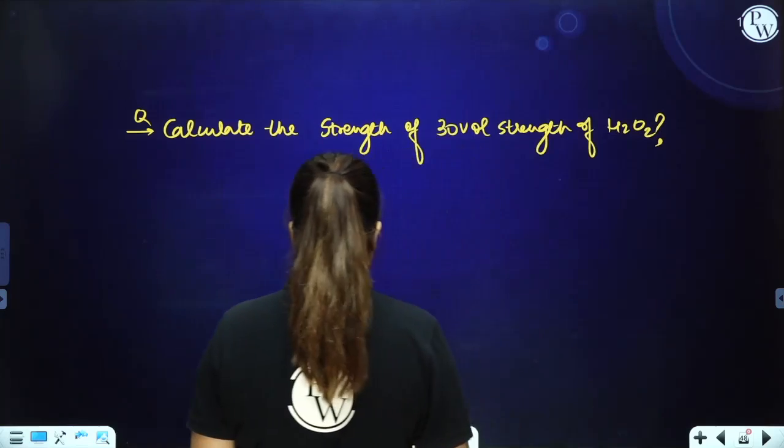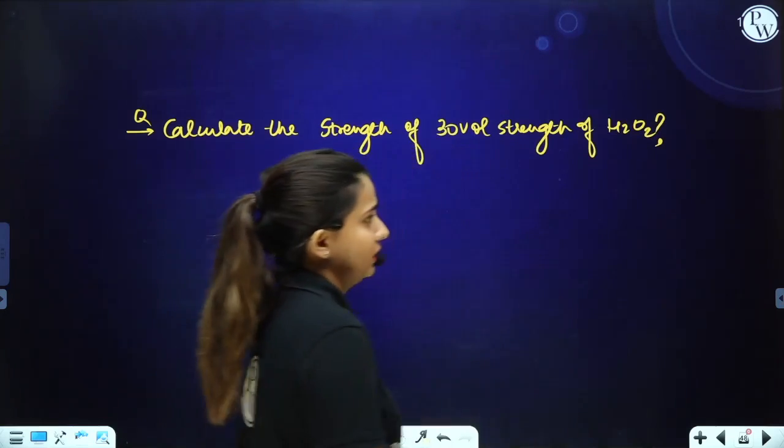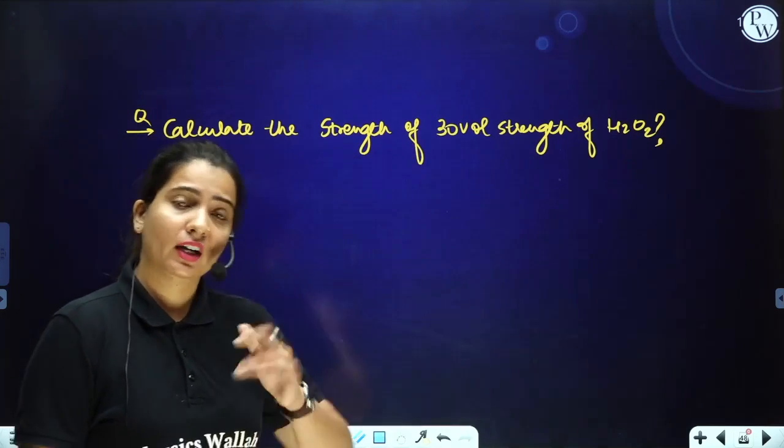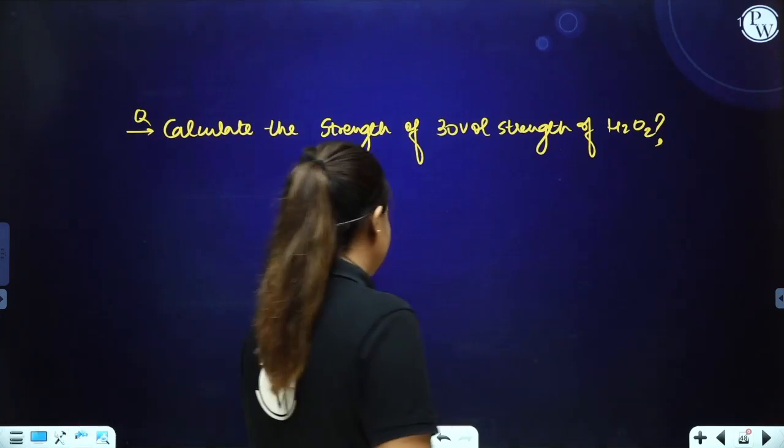Now, so many people are confused in the language of this question. Calculate the strength of 30 volume strength of H2O2. Now, what do you understand by all of these things?